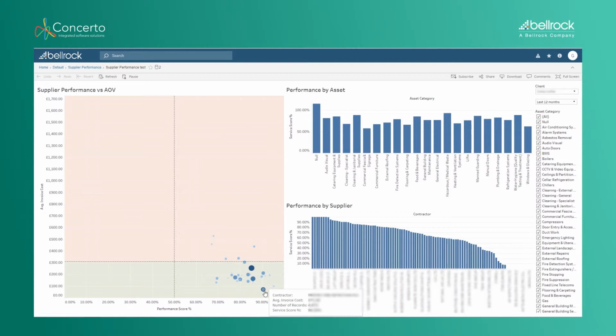So clearly a supplier down here versus a supplier in this quadrant, which has a much higher average order value and a much less service score, obviously we'd present the latter of the two to our customers.